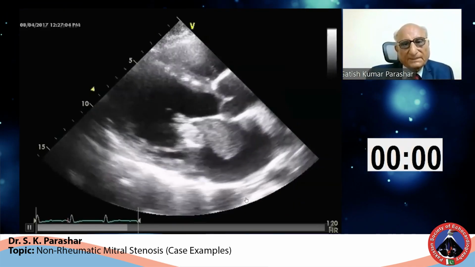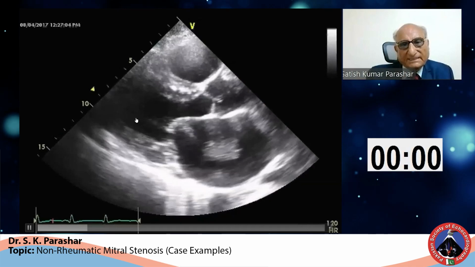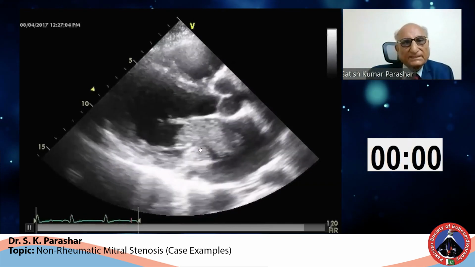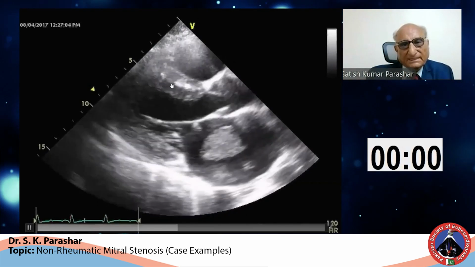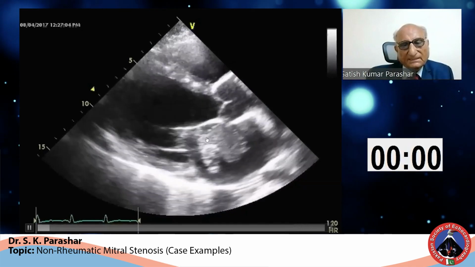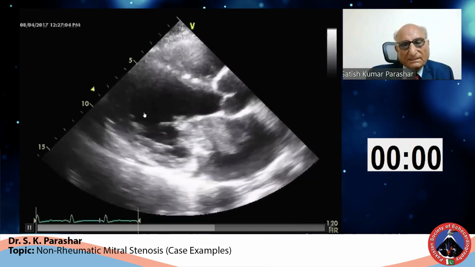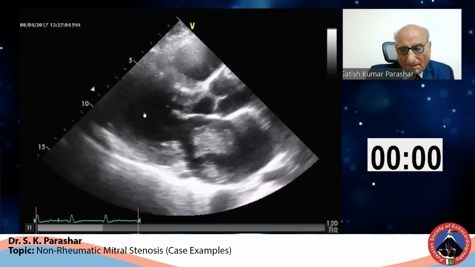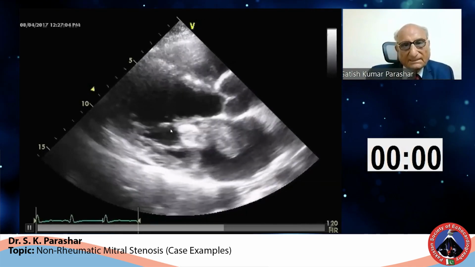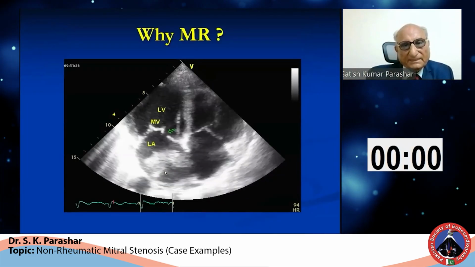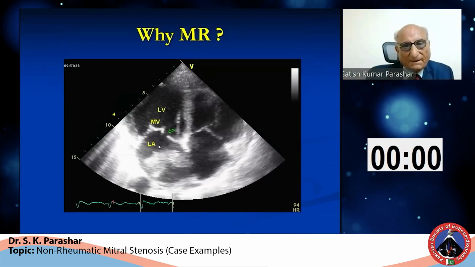This was a quite sick patient with a heart rate of 120. She had both MS and MR, but the question was why she was having MR with the tumor. Then we detected that the MR was because of perforation of the anterior mitral leaflet.